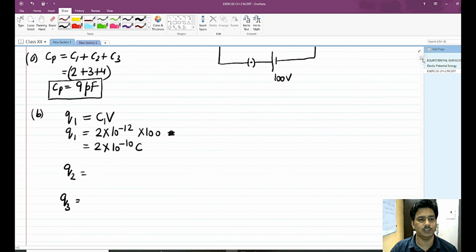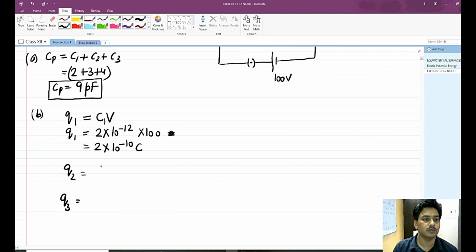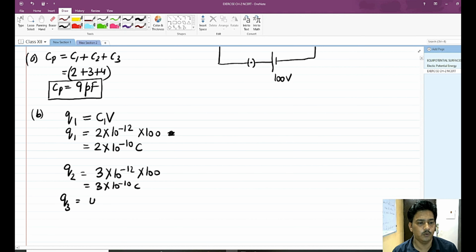The capacitance of the C2 capacitor is 3 into 10 to the power minus 12 multiplied by 100, so it is 3 into 10 to the power minus 10 coulomb. Similarly, it is 4 into 10 to the power minus 10 coulomb. So these are the values of charge across each capacitor.